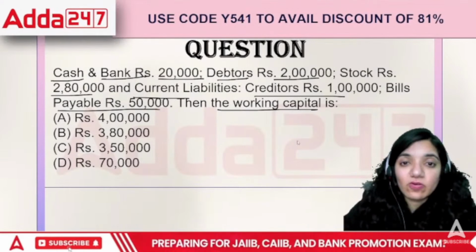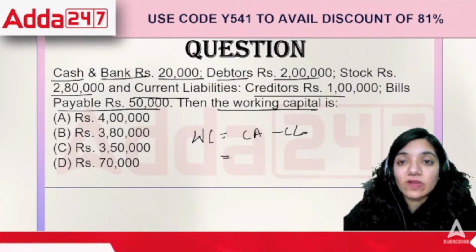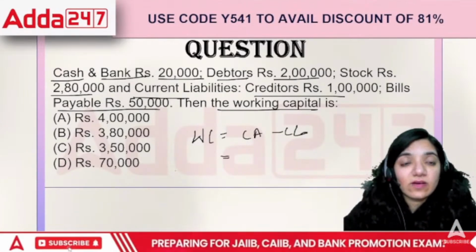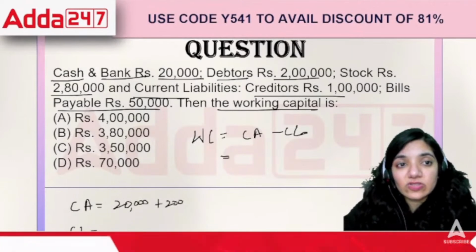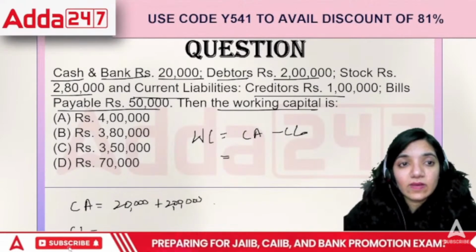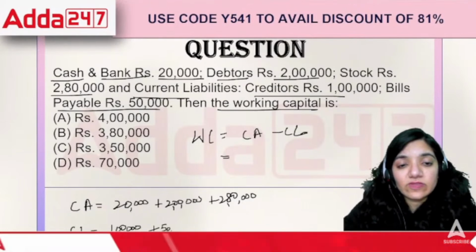Working capital of an organization can be defined as WC is equal to CA minus CL. So how do we record it? Add up all the current assets and add up all the current liabilities. The current assets include 20,000 plus 2 lakh plus 2 lakh 80,000. In terms of liabilities, add up 1 lakh plus 50,000.